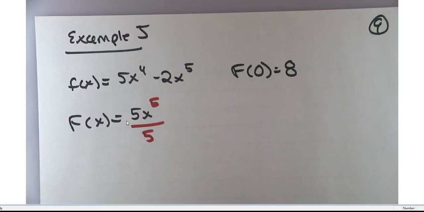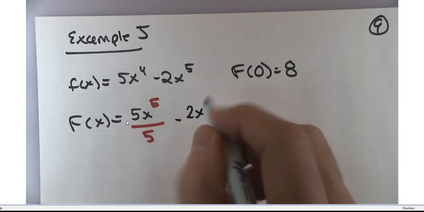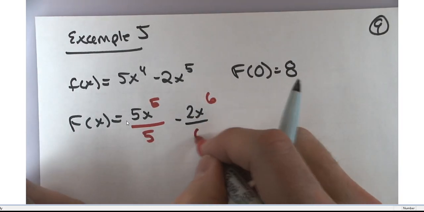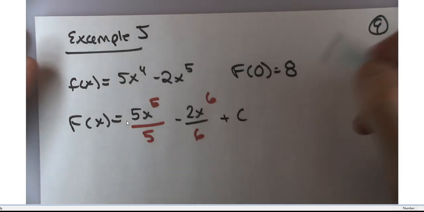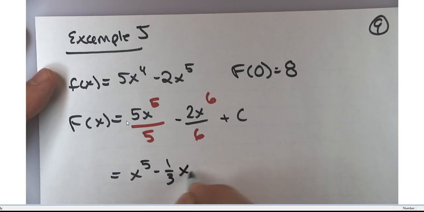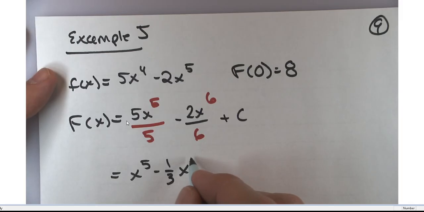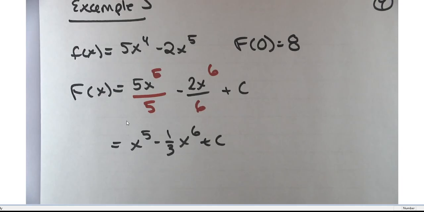I'll do likewise over here. We're going to add 1 to the exponent, 2x to the 6th power divided by 6. And then the one other thing that I definitely need is that plus a constant. And it's particularly useful in this problem. Now, I do hope that you take the time to simplify that. That's x to the 5th minus 1/3 x to the 6th, because the 2 and the 6 cancel, plus our constant.